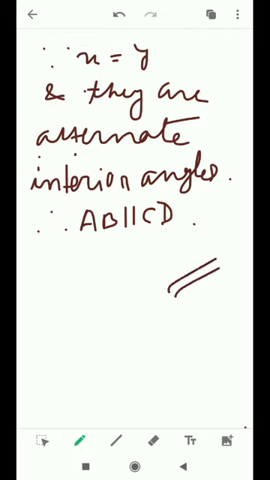The first question is done. Let's move to the next question, question number 2.